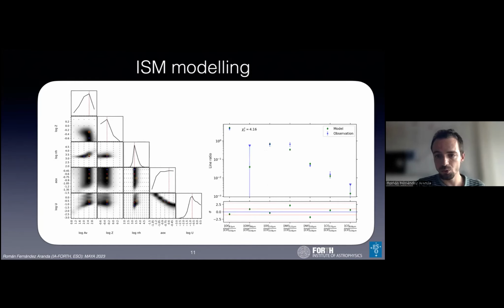Just for you to see how we can compare this best model with the observations, here you are looking at different line ratios, all with C+, comparing the best model and the observations. You can see that they agree pretty well. We made a very big grid of Cloudy models, and this is the best we can find.